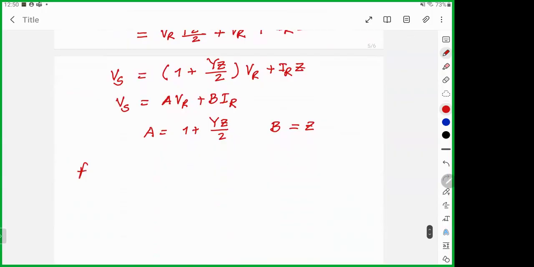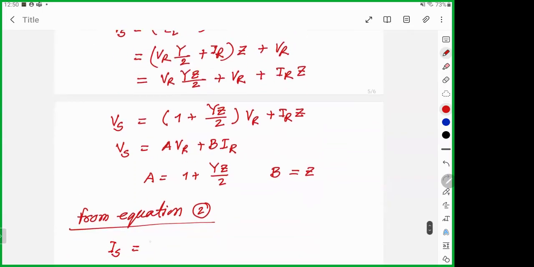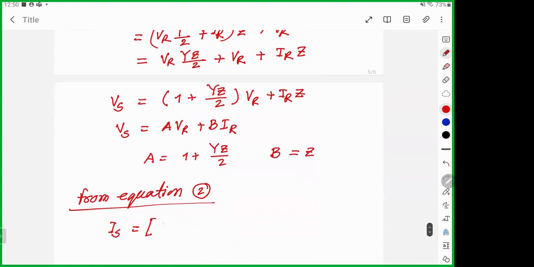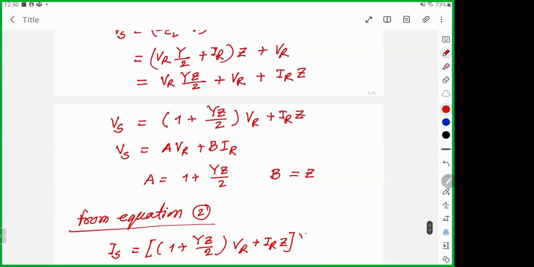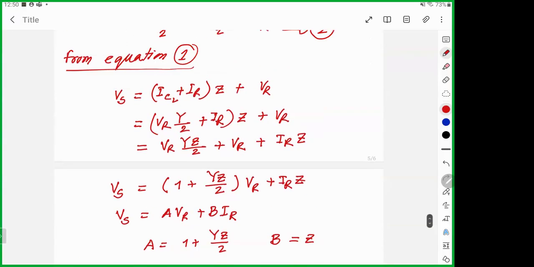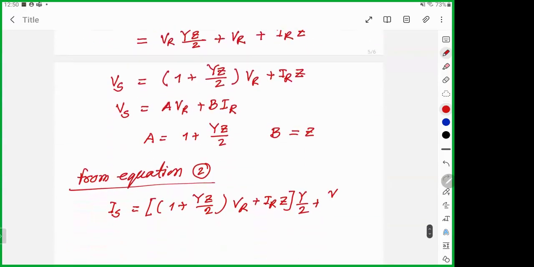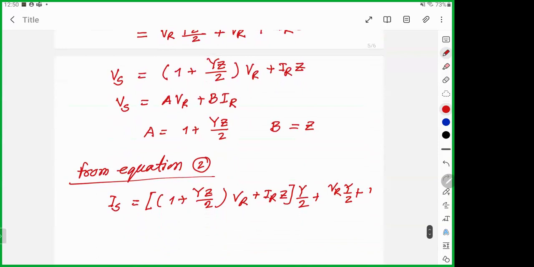So from equation 2, IS is equal to 1 plus YZ by 2 times VR plus IR Z, multiplied by Y by 2, plus VR Y by 2, plus the last one, IR.